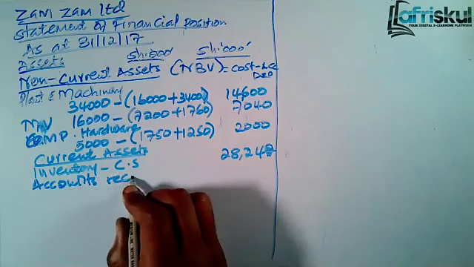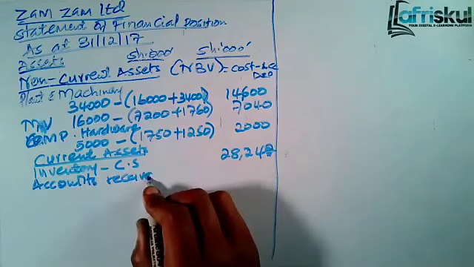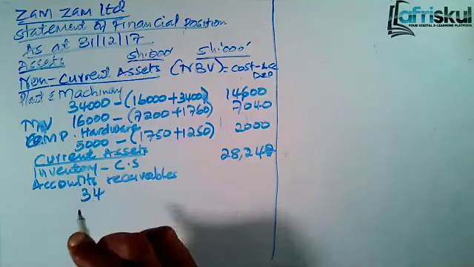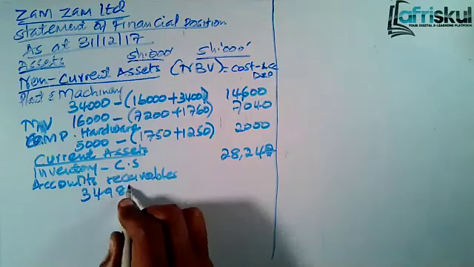So we'll also have the accounts receivables, which is also what we call the debtors or the trade receivables. Now I want you to listen here. On accounts receivables, the value that we have on the trial balance is an amount of 34,980.